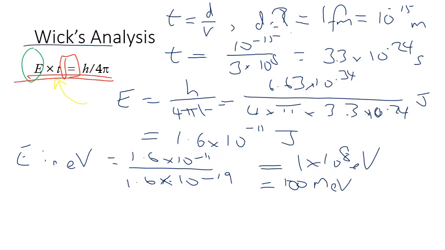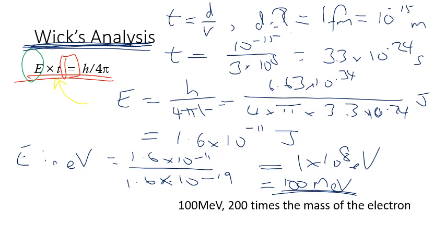So what Wick said, and he ended up with exactly the same conclusion as Yukawa, just Yukawa used more difficult maths, was that the exchange particles involved in sticking together the nucleus must be bosons of a mass somewhere in the region of 100 MeV. And 100 MeV, of course, is 200 times the mass of an electron.